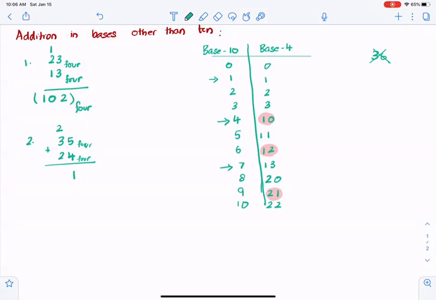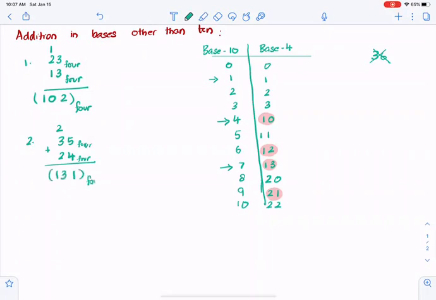3 plus 2 plus 2 is 7, and 7 is also not possible because we are dealing with base 4. So the base 4 number corresponding to 7 in base 10 is 13. So I would have 13.